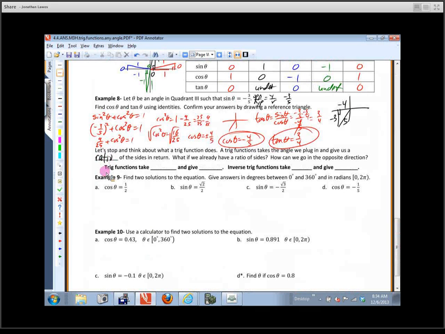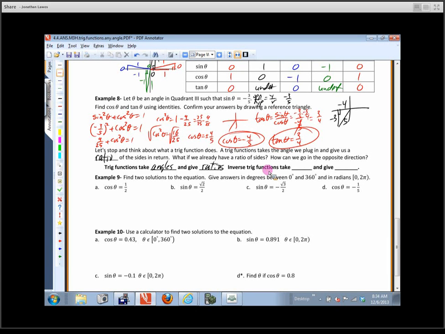But there are some problems, as we've already seen, where we already have the ratio, and we want to go backwards and figure out what the angle is. So regular trig functions, we're going to write it down this way, and I'd like you to memorize this. Regular trig functions take angles and they give us ratios. Well, inverse trig function, remember, an inverse operation does the opposite.